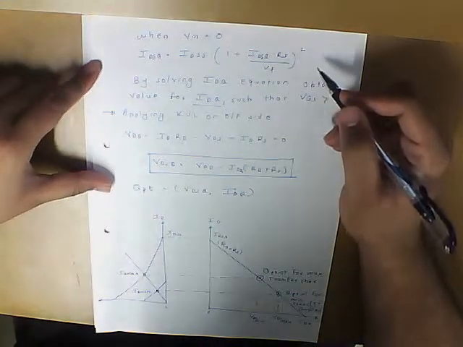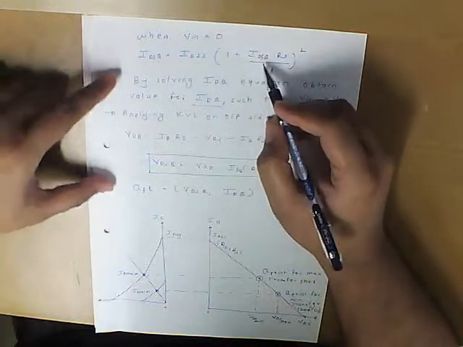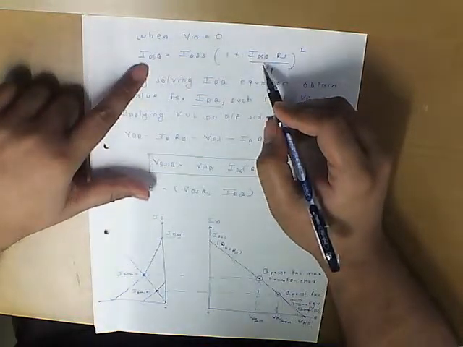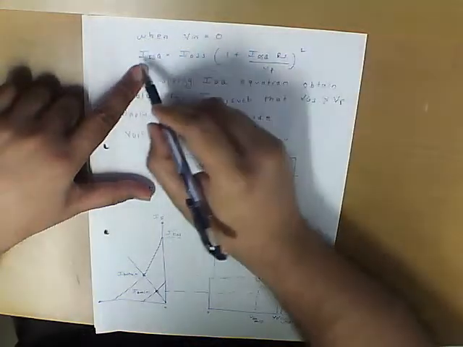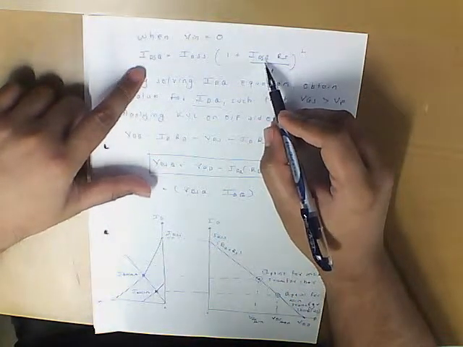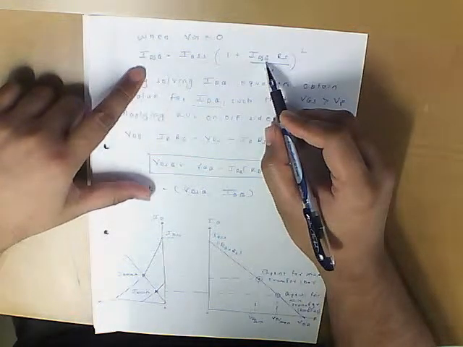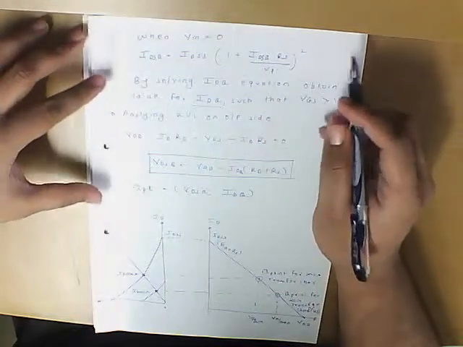One important fact here is that on both sides of the equation we have IDSQ. So we can say that this equation is a quadratic in IDSQ. If we solve this equation, we will get two values of IDSQ.